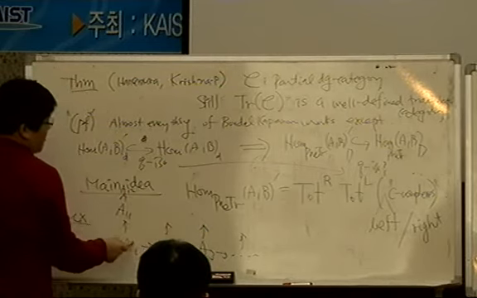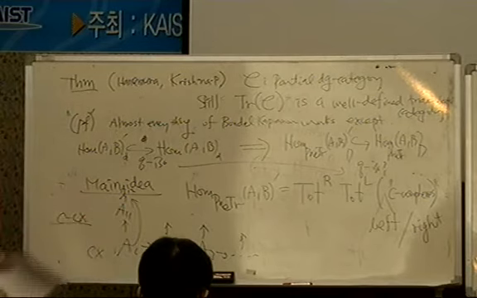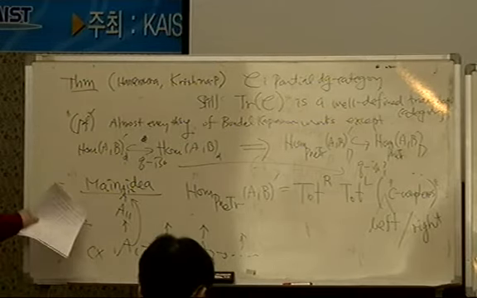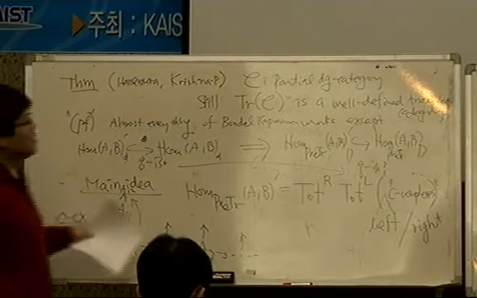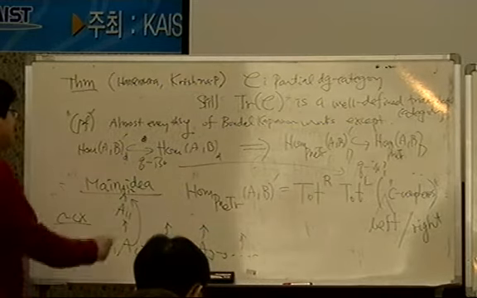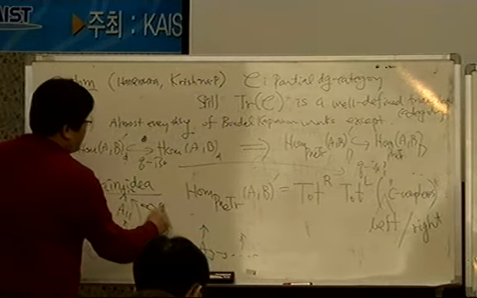But the trouble is that in the definition of a C complex, the composition of two maps is not necessarily 0. It is 0 only up to homotopy. That actually happens in most situations, especially in this partial DG category situation. So this is 0 up to homotopy.